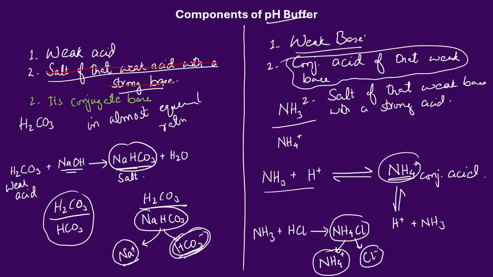Here the weak base is going to act as the acid fighting soldier, and this one is going to act as the base fighting soldier. Here the roles will be reversed. Simple as that. It's not complicated.